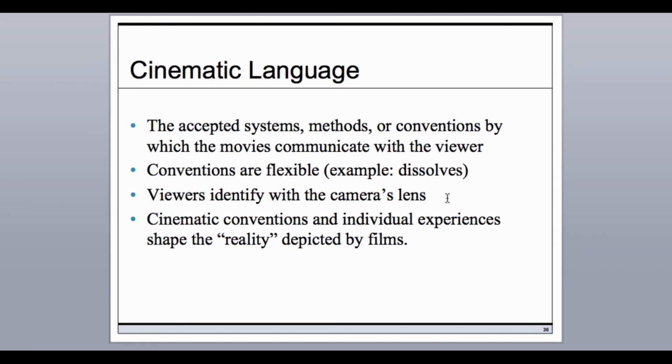We see that as the essential part of communicating. The lens captures the image. It makes us part of that image because we are witnessing it. So while it is presented to an audience, it still creates individual experiences, where each person will determine what is their reality as depicted in the film. Some will accept it, some won't. That's the true essence of film and why it's such a unique art form.